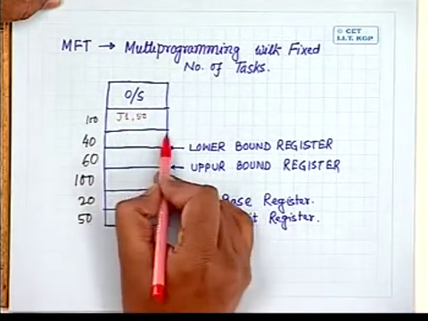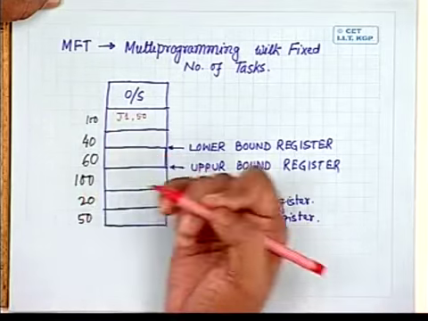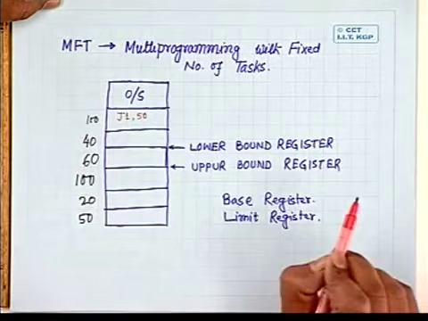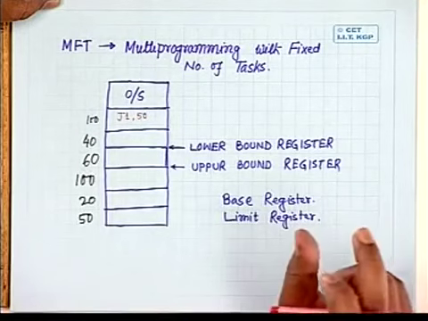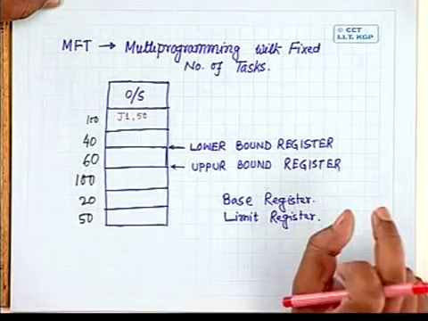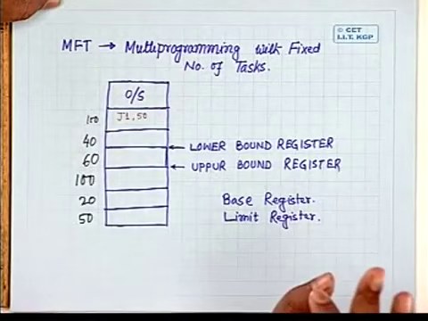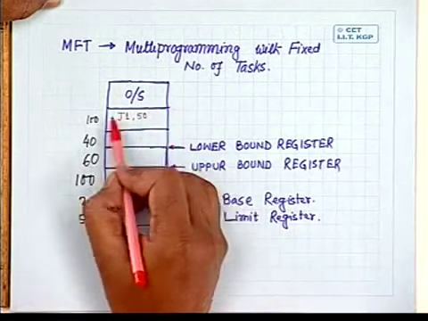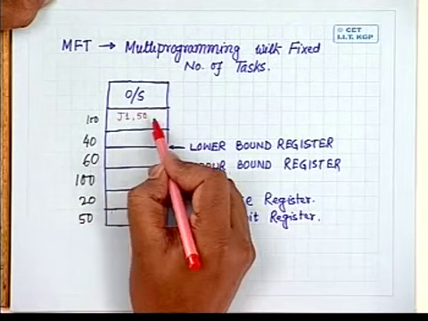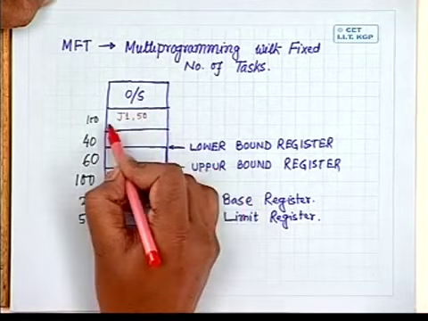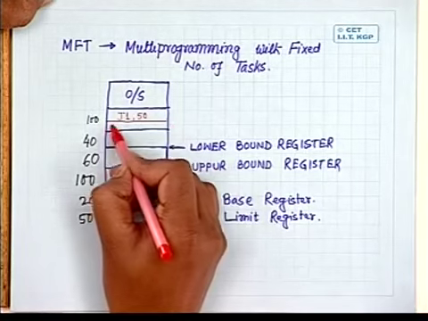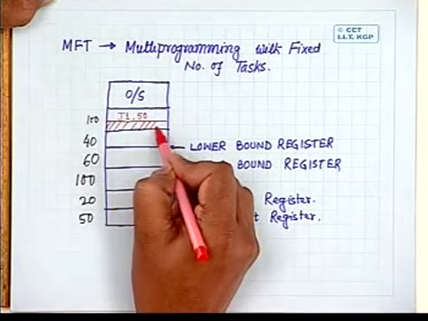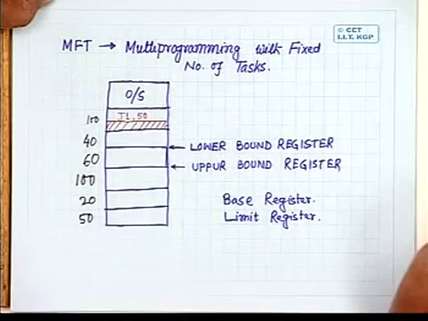So you find that out of this 100 kilobytes, and because this is a fixed partition, part of this partition cannot be allocated to any other job. Either a partition has to be allocated in full to a job or not allocated at all. So the remaining 50 kilobytes is wastage. This cannot be used by any other process.